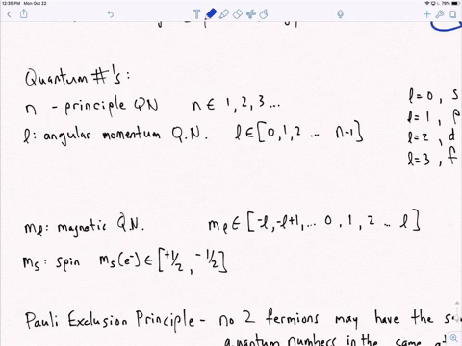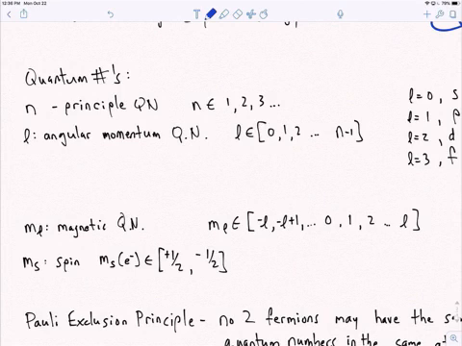So that's a spin of 1. That's not a fermion. A boson has an integer spin. So photons, for instance, are bosons. And electrons, protons, and neutrons are fermions.